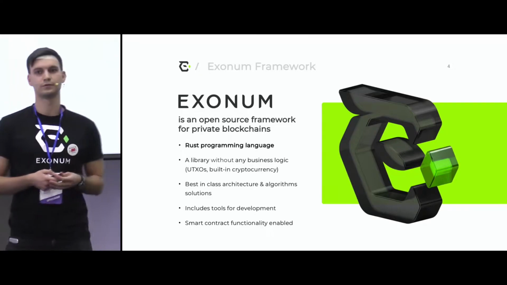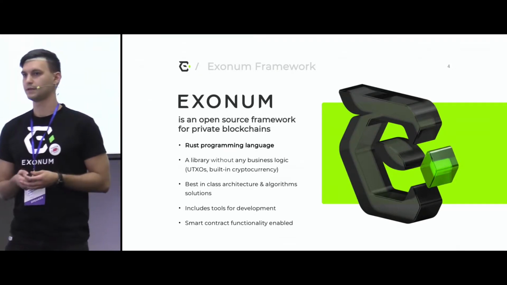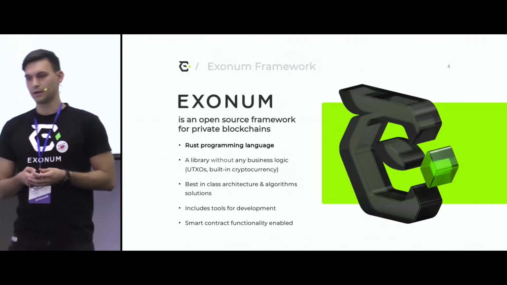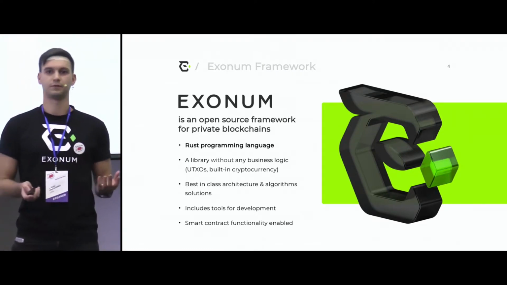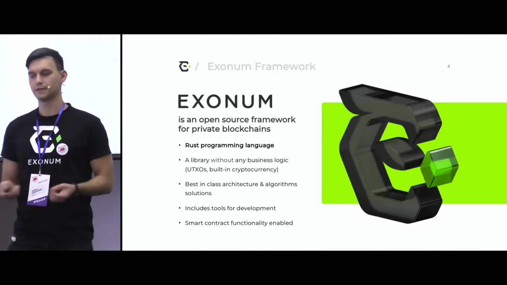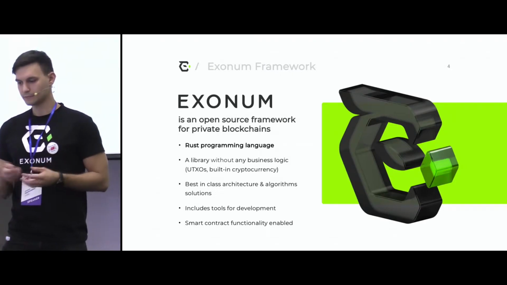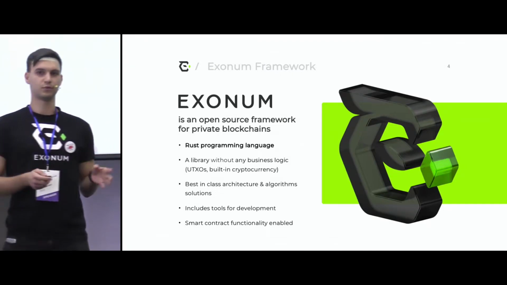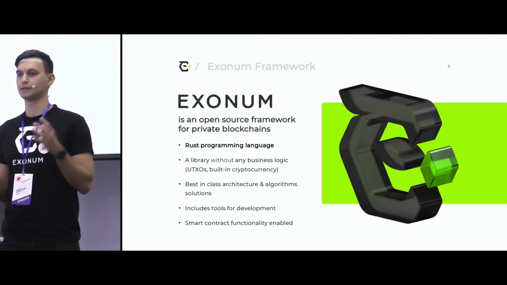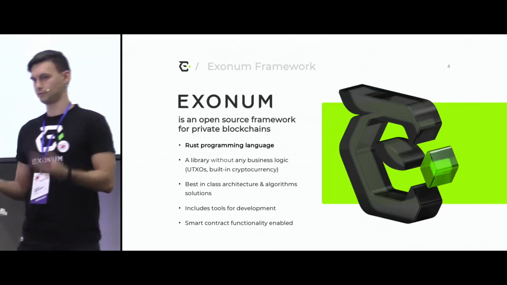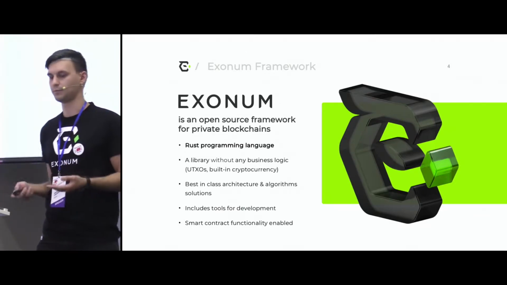Exonum has already been open source for about 1.5 years. About 30 developers work on this project, and mostly they are Rust developers. It's a pure library, and the business logic is up to the developers who are trying to build something on top of Exonum.